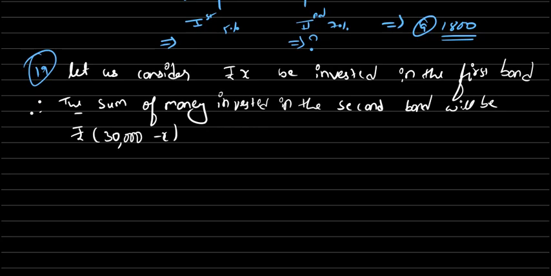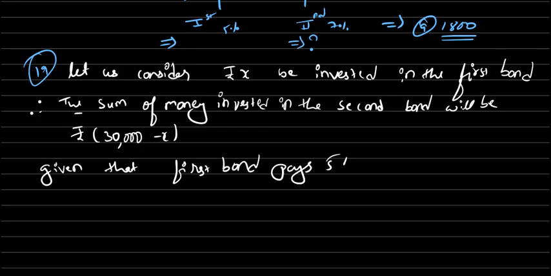In the question it is given that the first bond pays 5% interest per annum, and the second bond pays 7% per annum.